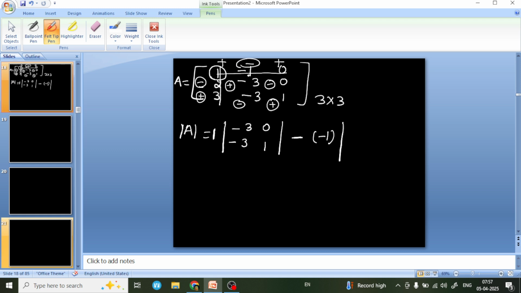Now this time the first row will be cut, but the second column will be cut, not the first. Here the values will be 2 and 3, and here 0 and 1.